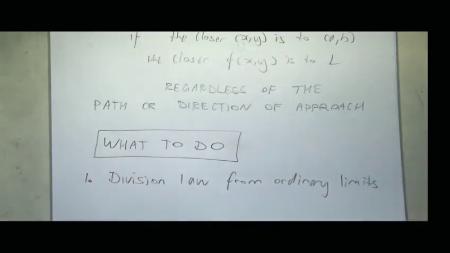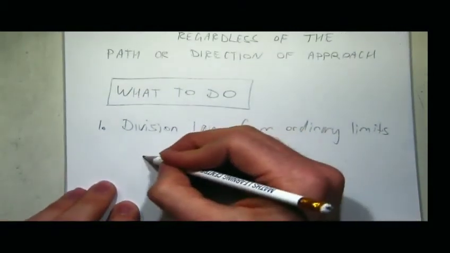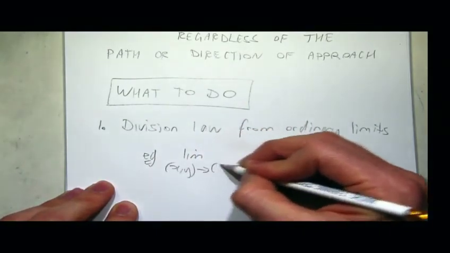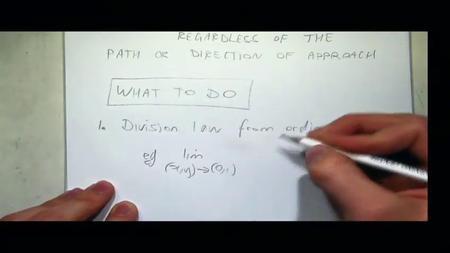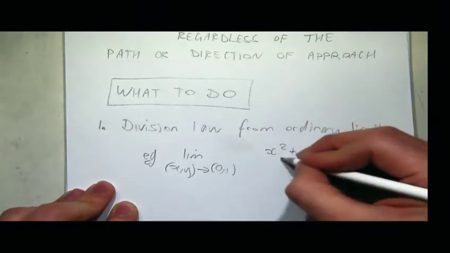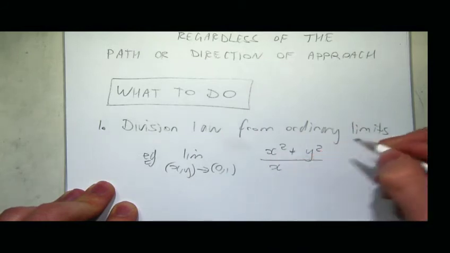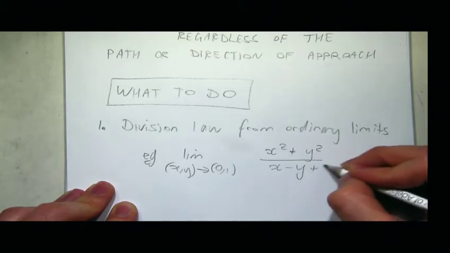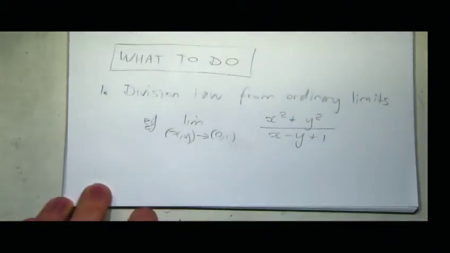Okay, so if you do, as an example, the limit at the top is not 0, the limit at the bottom is, therefore the limit doesn't exist.